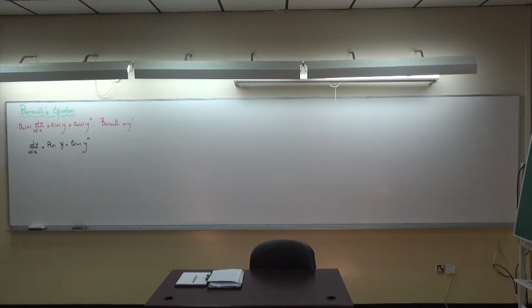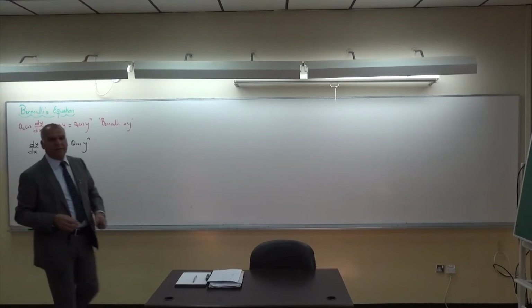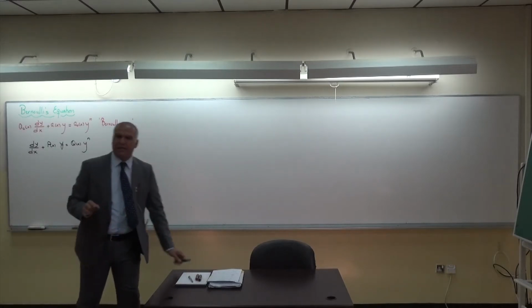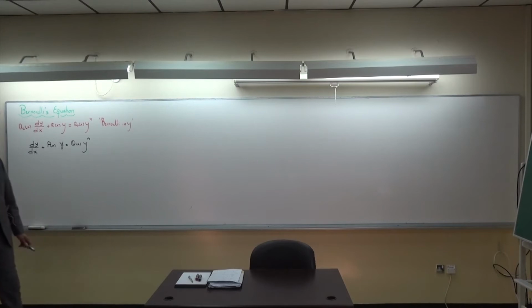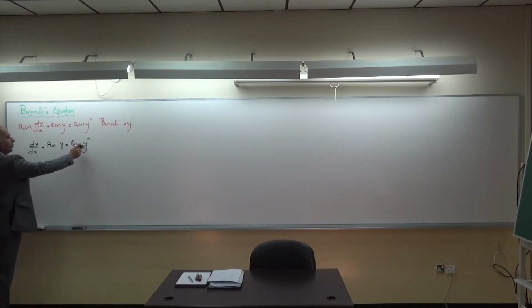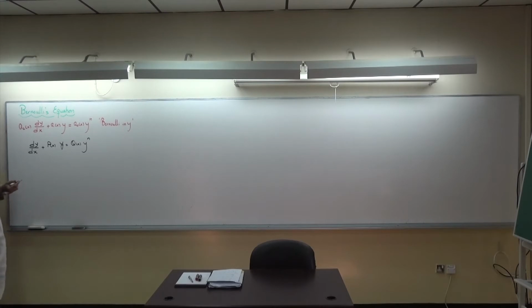Once you already reduce it to this, then the equation can be easily reduced to a linear differential equation of order 1, provided you use a substitution. What is this substitution? The substitution comes by simply removing y^n from the right-hand side, multiplying by y^(-n).